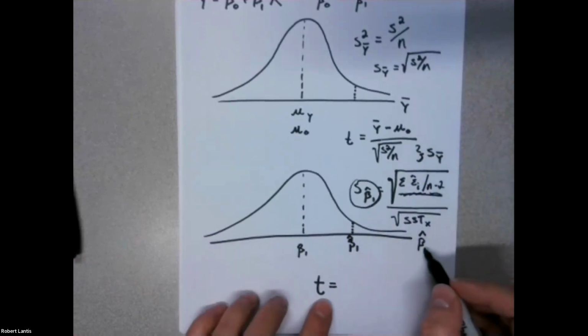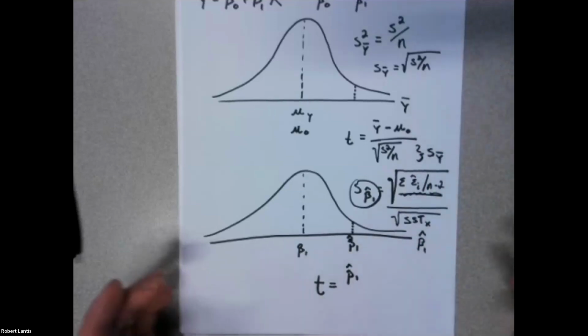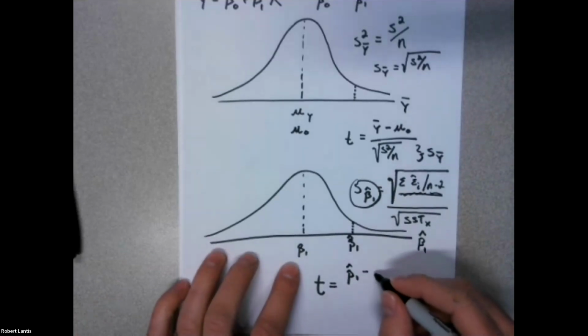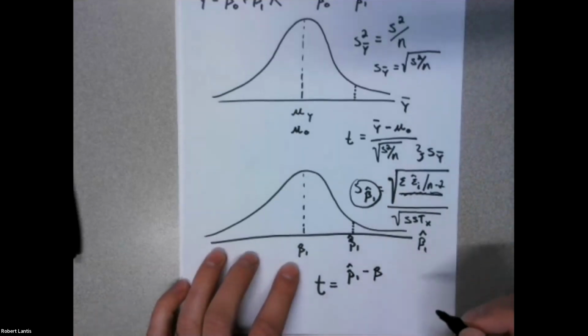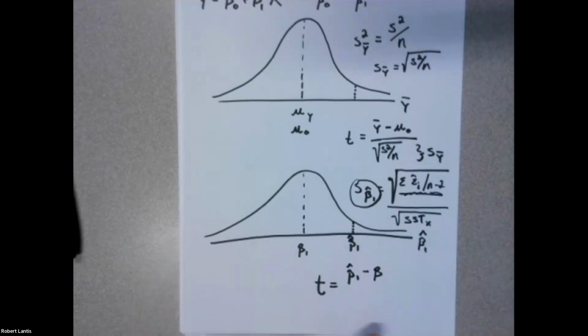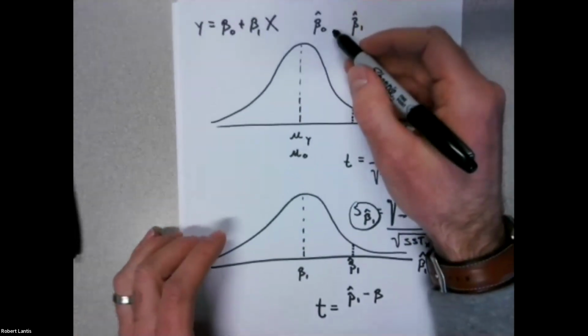Well, I've got my sample statistic. It's no longer a sample mean. It's a sample coefficient estimate. I'm going to subtract the assumed true value of our test statistic. This gets a little bit weird notationally. Generally, we would usually use beta 0, but the problem is beta 0 already represents our intercept.